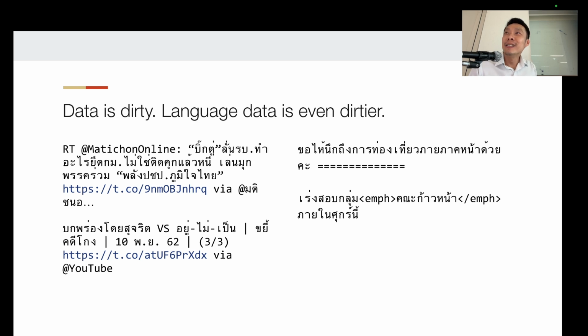Anyways, so when you see things like this, sometimes it's because Twitter used to have a character limit, right? So they break it in two parts: 1 out of 3, 2 out of 3, 3 out of 3. So you get something like this as well. So you need to stitch them back together if you want a complete text, right?